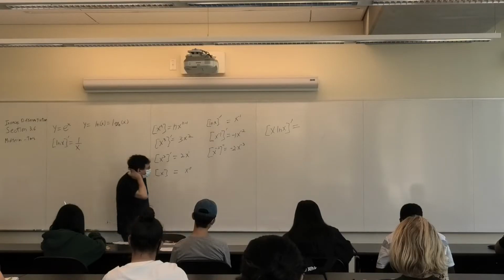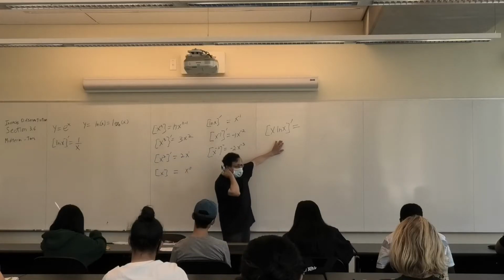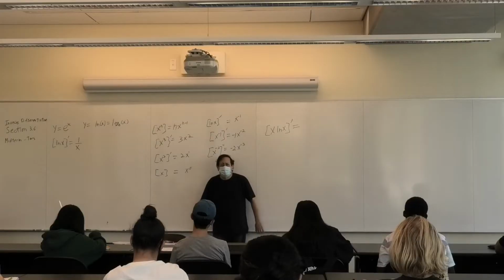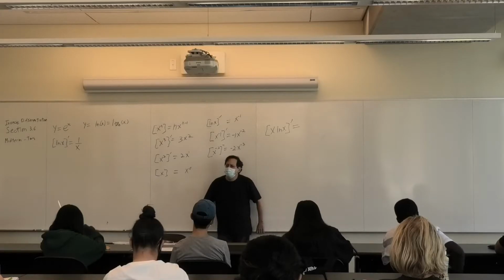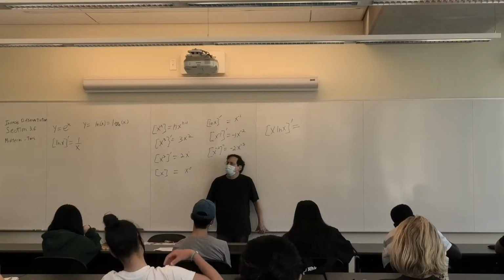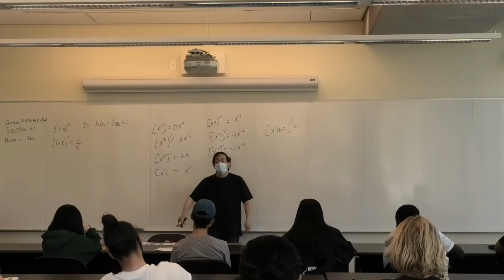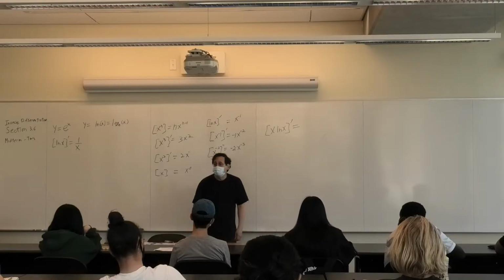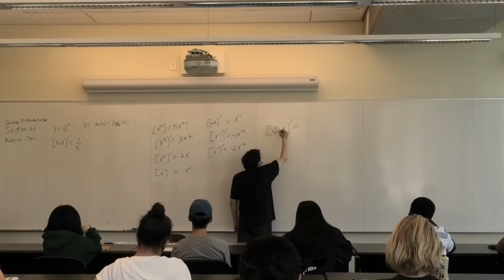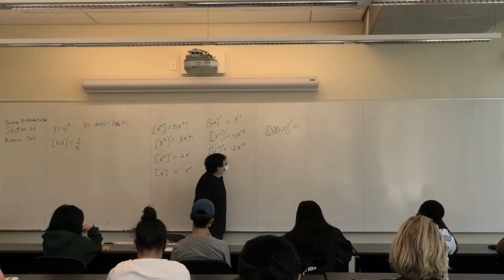All right, so how do I go about this? What's the first thing I have to try here? Yes? Use the product rule. Everybody see that? It's kind of the product of two functions we know.